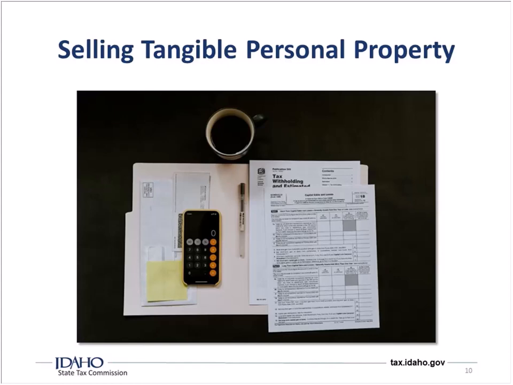Or if you are located in another state and selling into Idaho, there's a threshold you have to meet before we require you to have a seller's permit. Idaho's threshold is $100,000, so you have to be doing quite a bit of business. But if you're located in Idaho and selling in Idaho, the permit process is all the same.